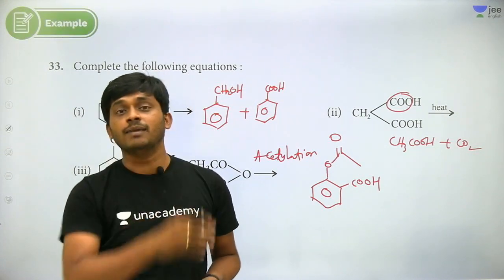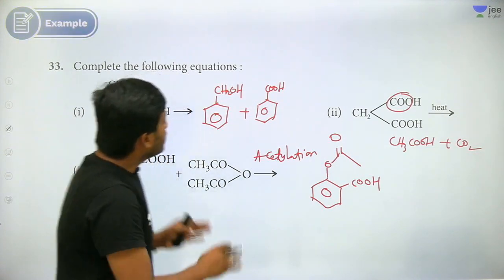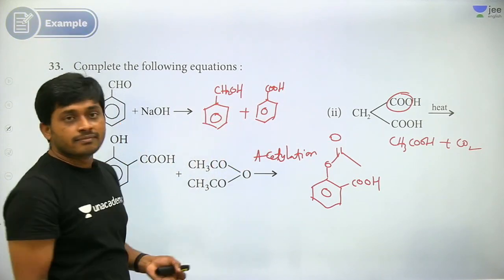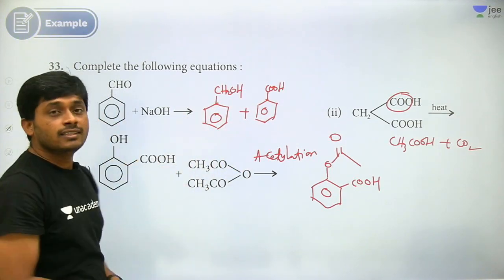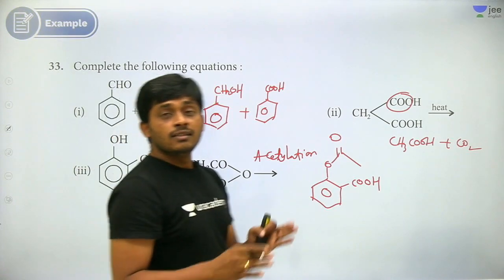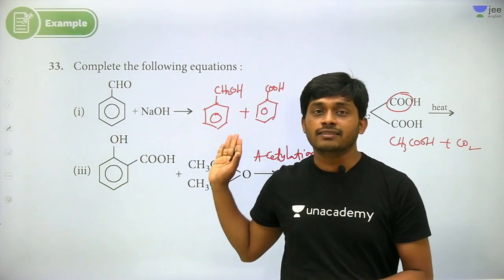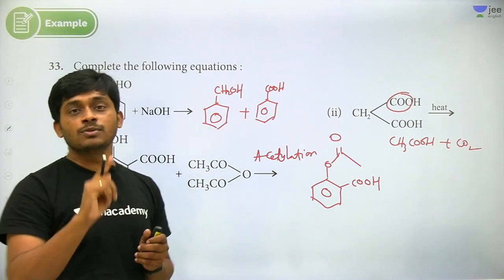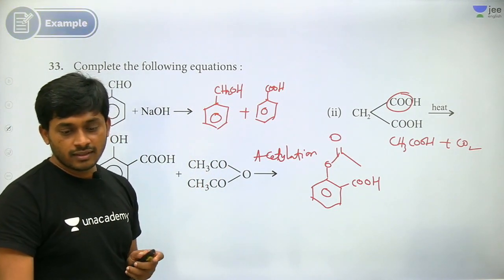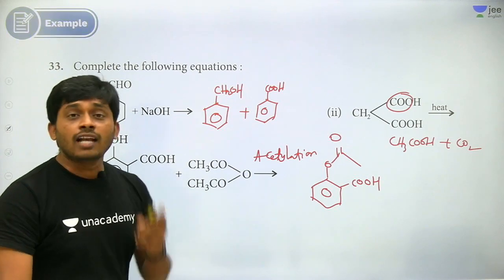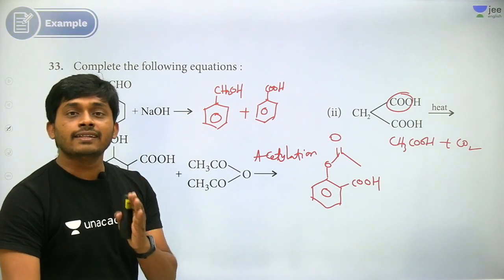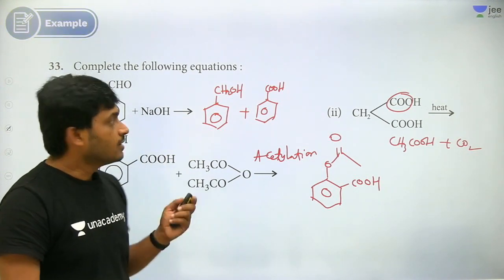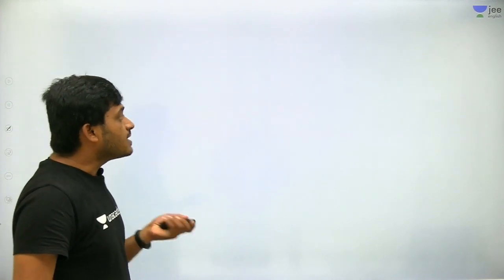Inorganic means you have to write complete theory. Here they cannot cut marks. The product is right, the reaction is proper, so they have to give full marks. But in inorganic, if you miss even one single line, you may lose marks. So always select organic questions and save time.